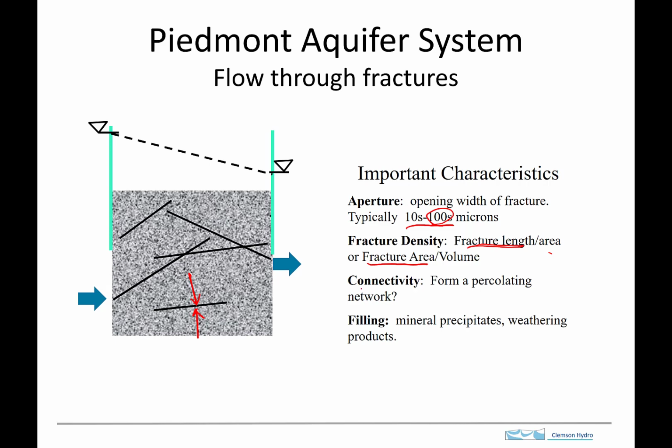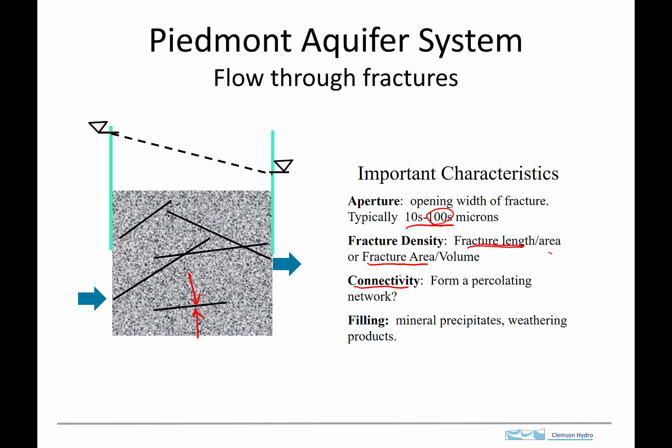Another important aspect will be the connectivity of the fractures, because an individual fracture is going to be somewhere in the range of a few meters or tens of meters long. But in order to form a flow system, we have to have multiple fractures that are connected together. And so the interconnectedness of the fractures will be important.